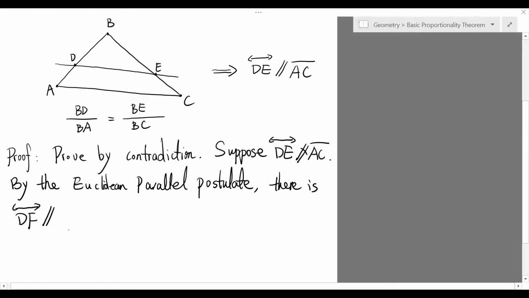The characterization of this line is that it is supposed to be parallel to the third side, AC.